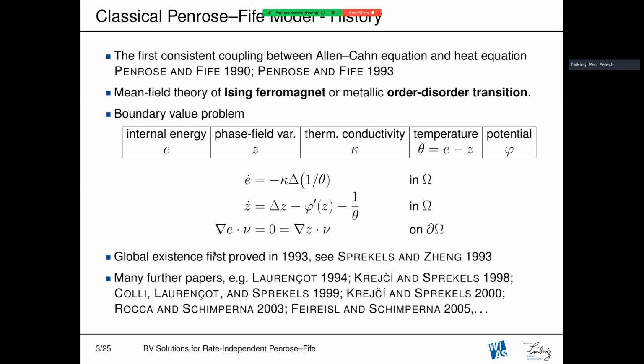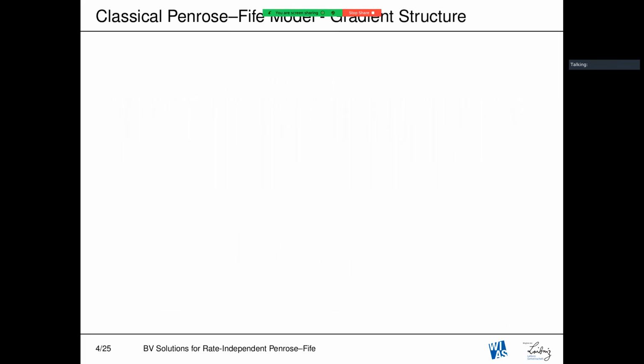And then, since then, many other papers appeared, and some authors to mention are Lorenzo, Krejci, Weierreiser, Schiperna, Rocca, and so on. For our setting, it's important that the system possesses a gradient structure. What this means will be clear, I hope, at the end of this slide.